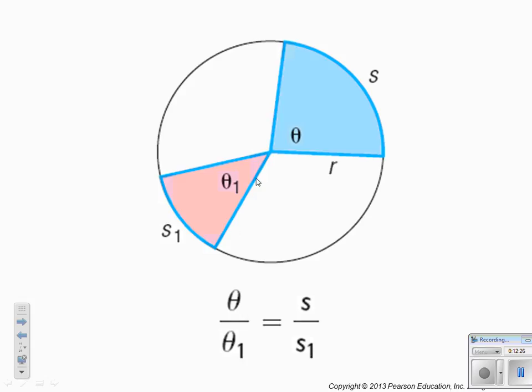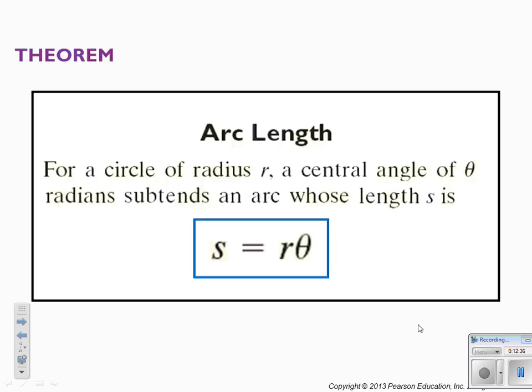The radius is going to be the same here as well, and the proportion between theta and theta 1 is going to be equal to S over S1. So that's how we can say the arc length S is equal to the radius times theta, but please note, theta is in radians.